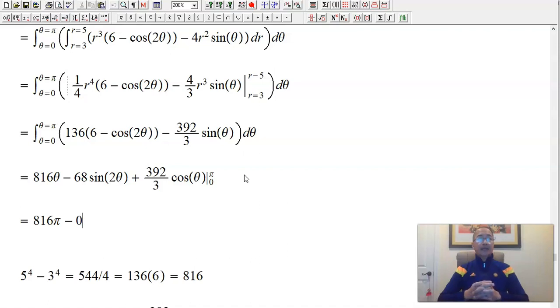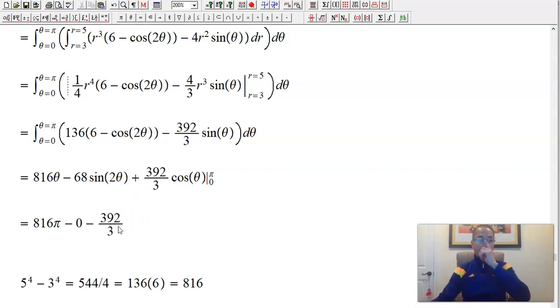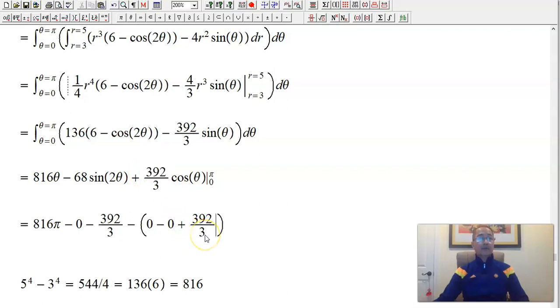Cosine pi is negative 1, so that is minus 392 over 3. Now we plug in 0 and subtract: 0, 0, 0 minus 0, just for emphasis. And at 0, cosine 0 is not 0, it is 1, so you get plus 392 over 3.